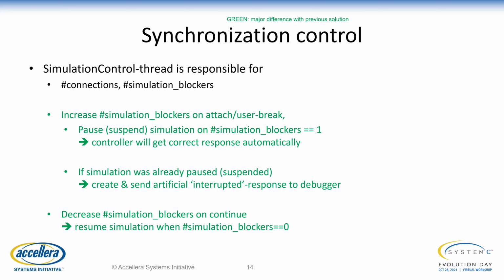So only when the number of simulation blockers goes from 0 to 1, I will do the SC pause, and when this number goes from 1 to 0, I will call the SC start again. And basically that's where the control logic is.